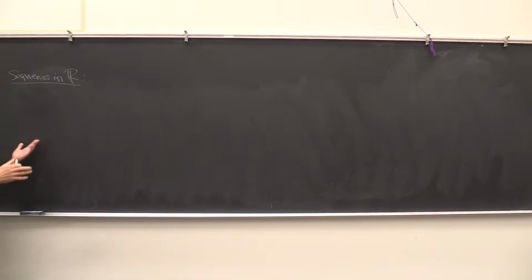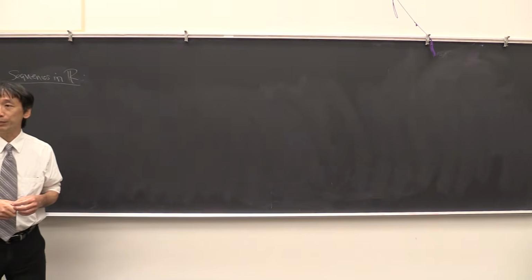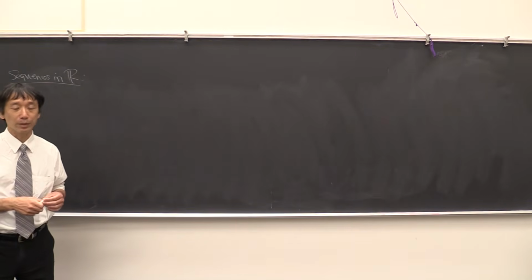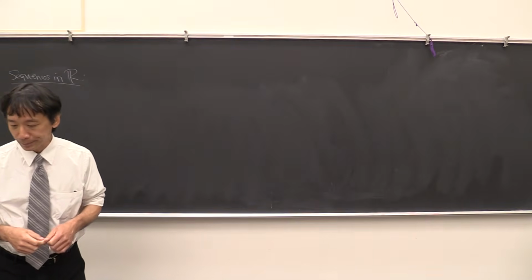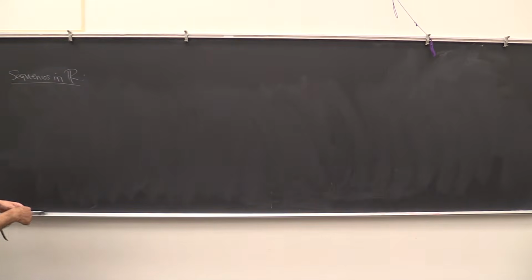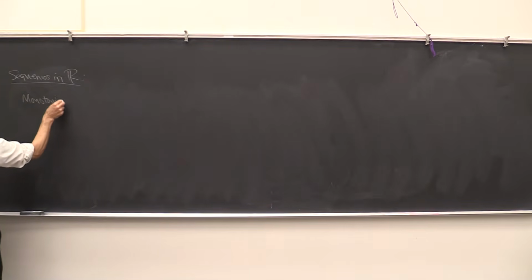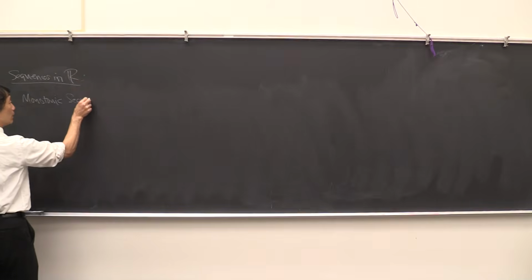Up until this point, it's basically been sequences in metric spaces, and now we're going to talk about sequences in R. We're going to start off with something pretty simple, the so-called monotonic sequence theorem.